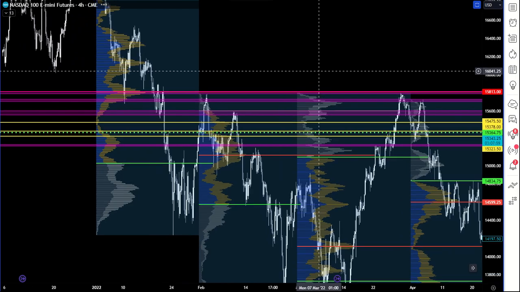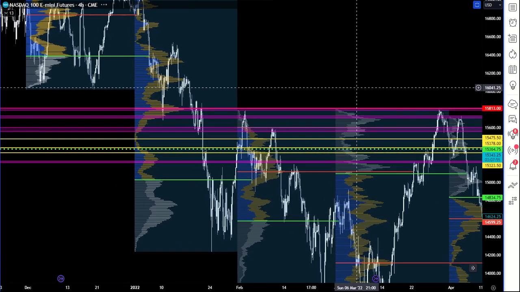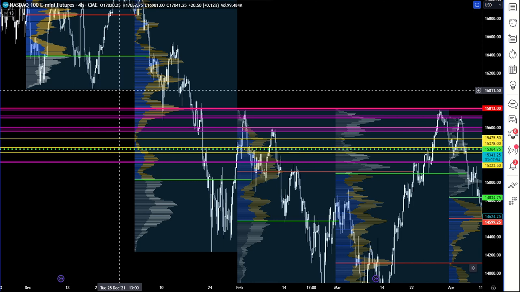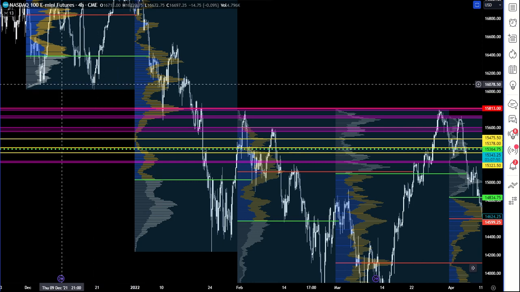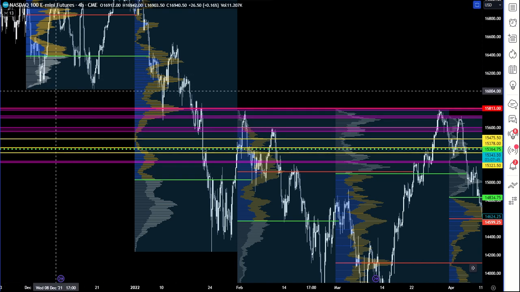And if we move up, we've got some interesting things here. This is December 21. We've got the extreme monthly low in December of 2021.